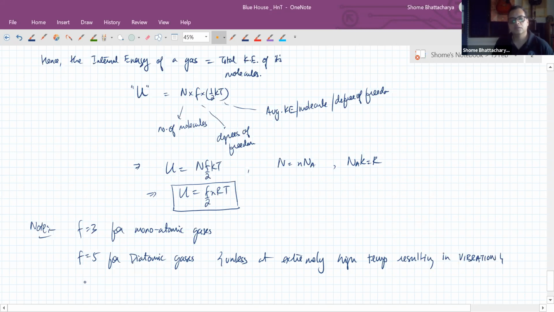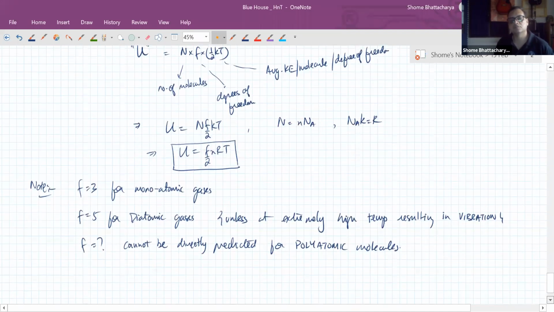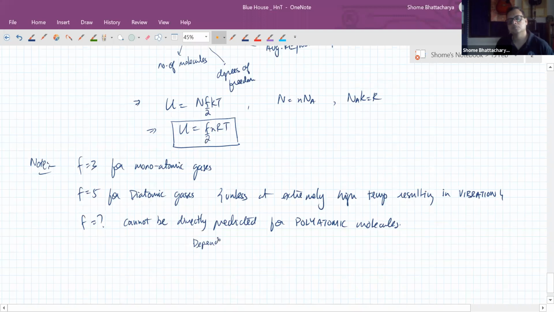Okay. Degrees of freedom cannot be predicted for polyatomic molecules, depending on shape and size. The translational degrees of freedom will always be 3, but the rotational degrees of freedom can be upwards of 2.